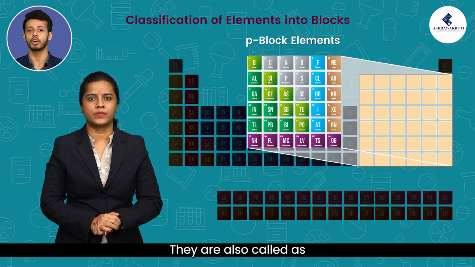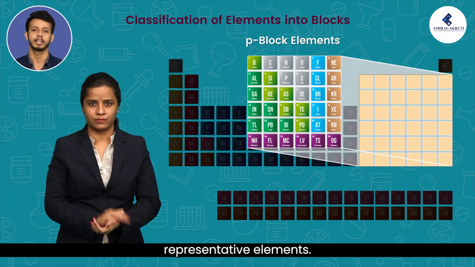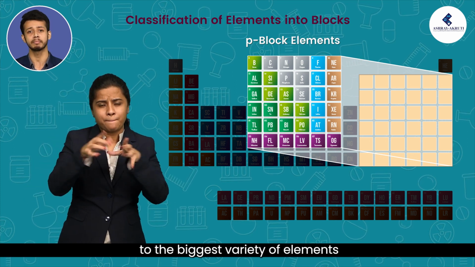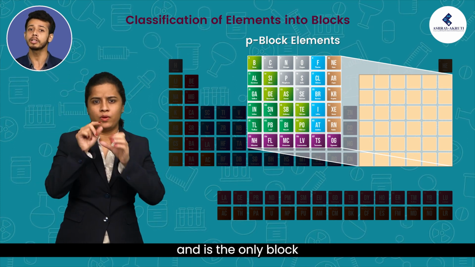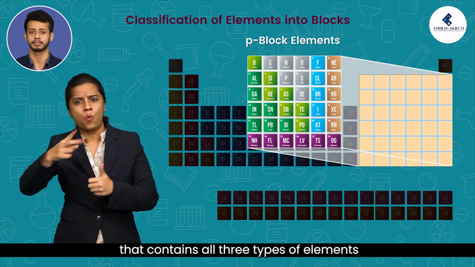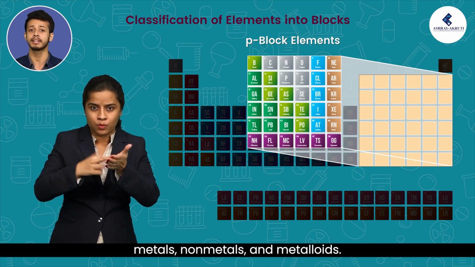They are also called representative elements. The p block is home to the biggest variety of elements and is the only block that contains all three types of elements: metals, non-metals and metalloids.